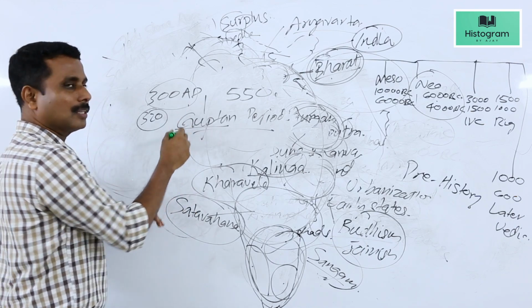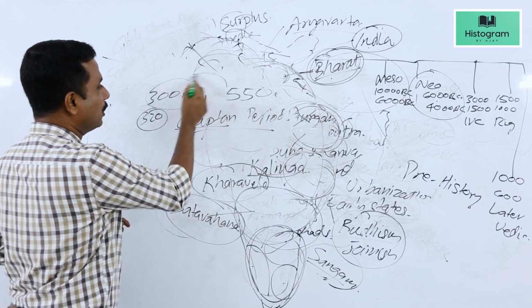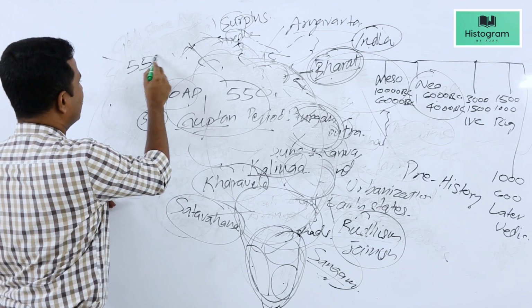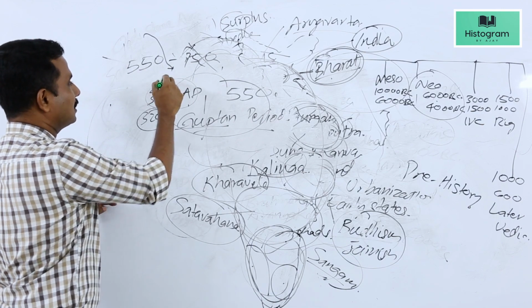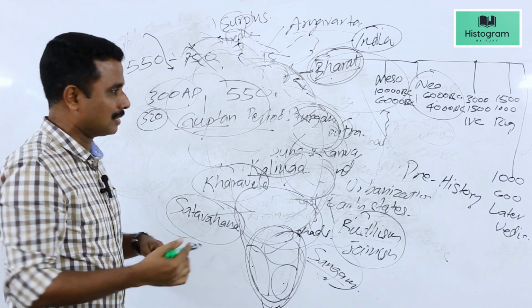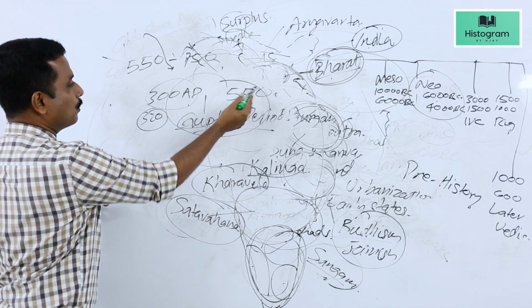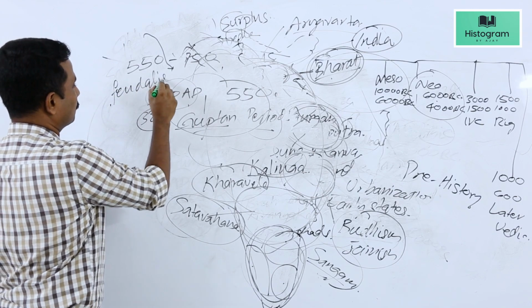Chandragupta, Samudragupta, Chandragupta II, and some other rulers ruled during this period. And after this period, from 550 to 750, ancient India started declining. Once again, in place of a centralized empire, a large number of states emerged in India, leading to feudalism.